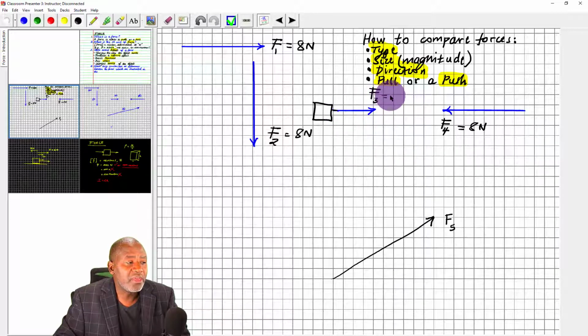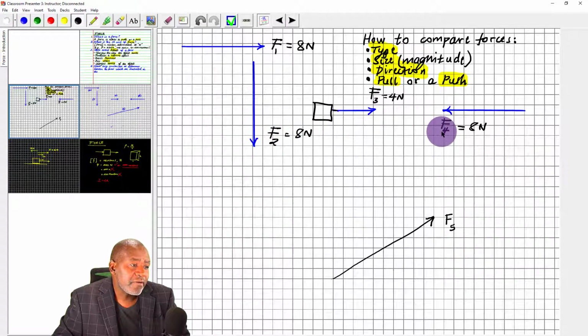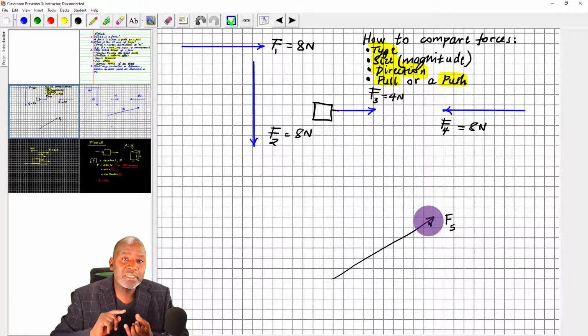This one will be 4 newtons. But it is similar to F1 in the sense that both of them are pointing in the same direction. As far as F2, F4, and F5 are concerned, F3 is different from those three in both magnitude and direction.